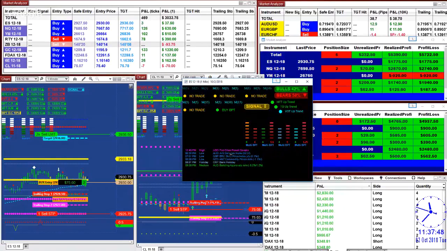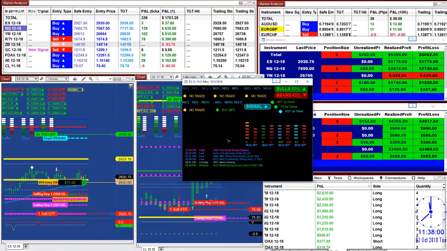At 12:45, there is already a news filter on your scalpers where you can say 10 minutes before or 15 minutes before or half an hour before, or you can set your scalper 5 minutes after the news or 10 minutes after the news or 15 minutes after the news.